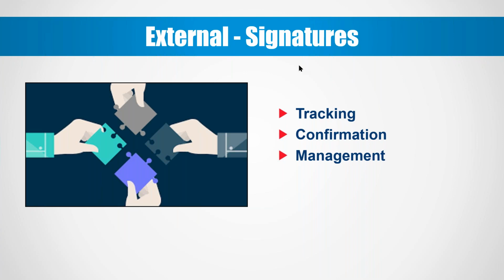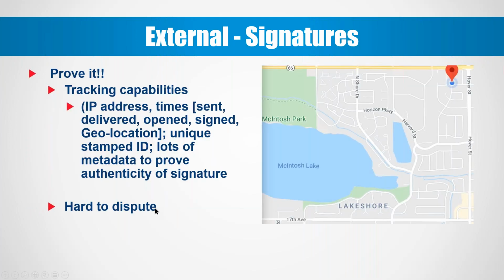The big thing for me when we talk about external signatures, especially with an electronic model, is proving that something is signed. Almost any document signature program that you're going to be leveraging needs to leverage the details of a signature, right? Proving where someone signed it.